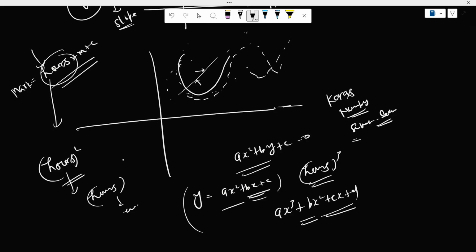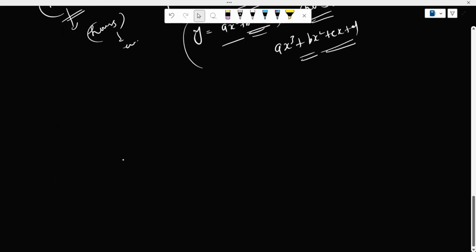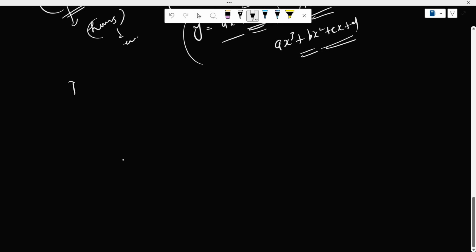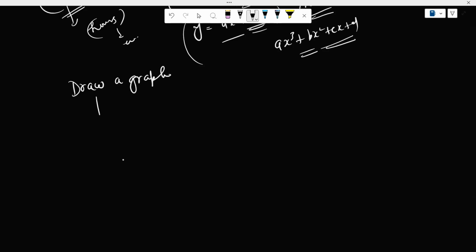So every time, you draw a graph. What we follow when creating a prediction model: draw a graph, a chart, then create an equation, a prediction equation.